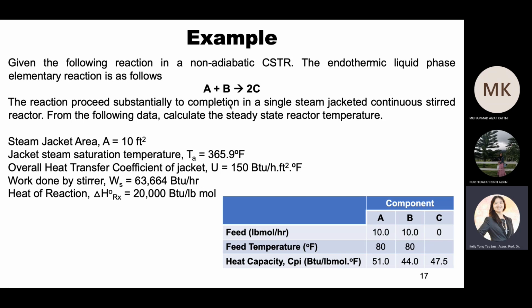So what does it mean? Means the reaction will occur until it has completed, or we can say means all your reactant is converted to product. Means A dan B tu habis bertindak balas. Or we can also say this means X tu 100% lah, conversion tu 100%, X tu 1 lah maksud dia.